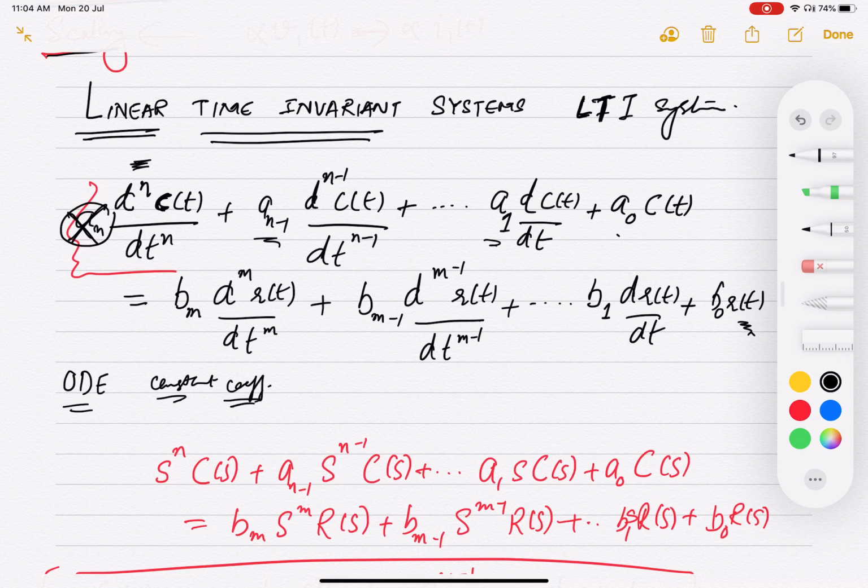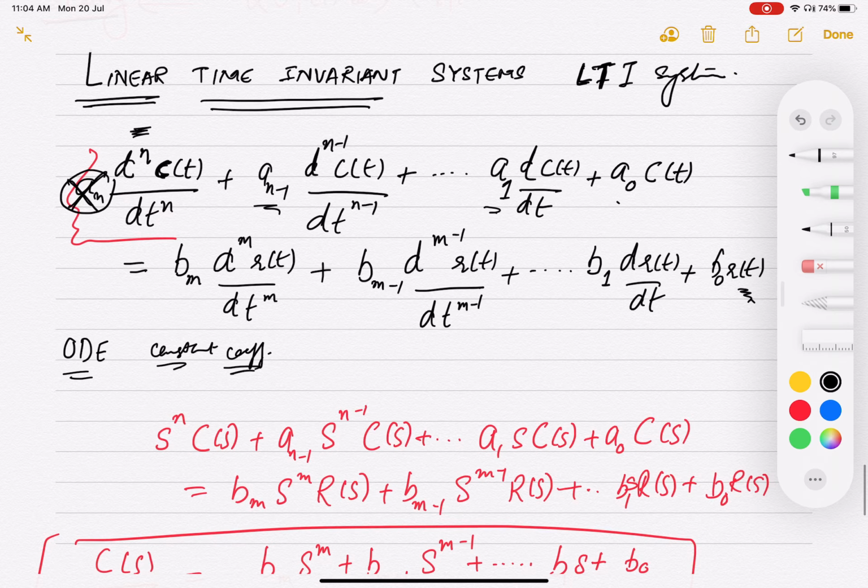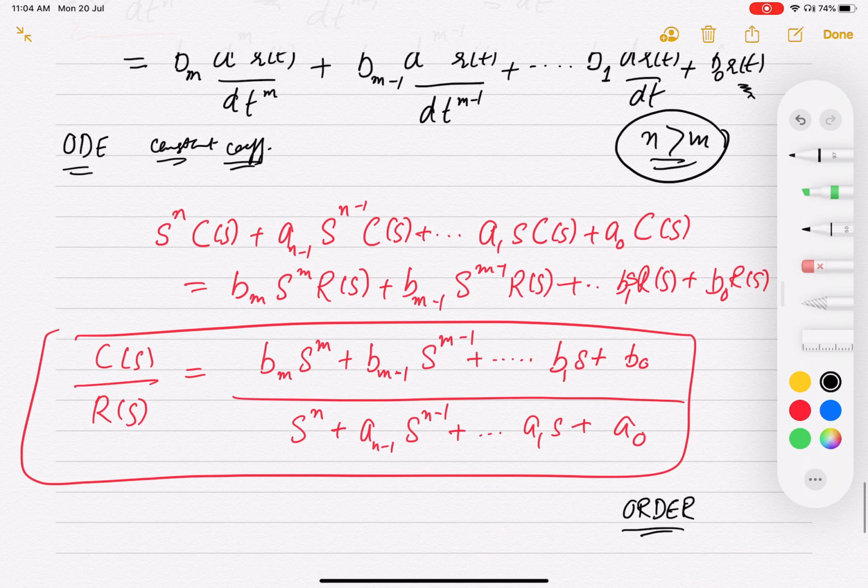In general, the order for real systems would always be higher here, so n would always be greater than m, right? So you can also say the order of the denominator polynomial is equal to the order of the differential equation or the order of the system, right?